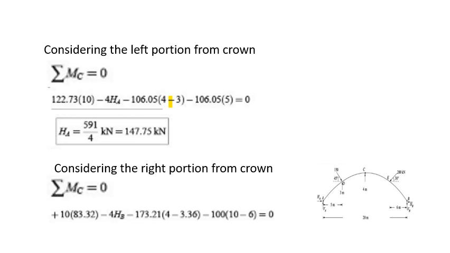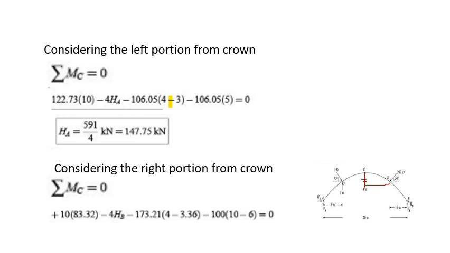You can see the rise is given as 4 meter, but the 200 kilonewton force is at a distance of 3.36 meter from the spring level. So we have to consider this height to take the moments.